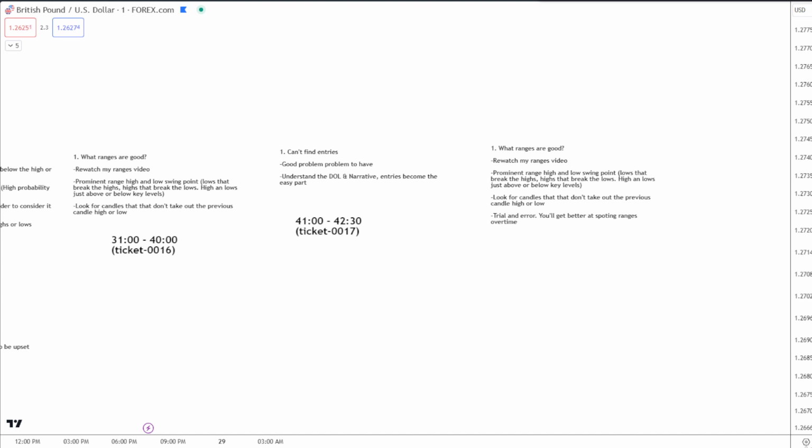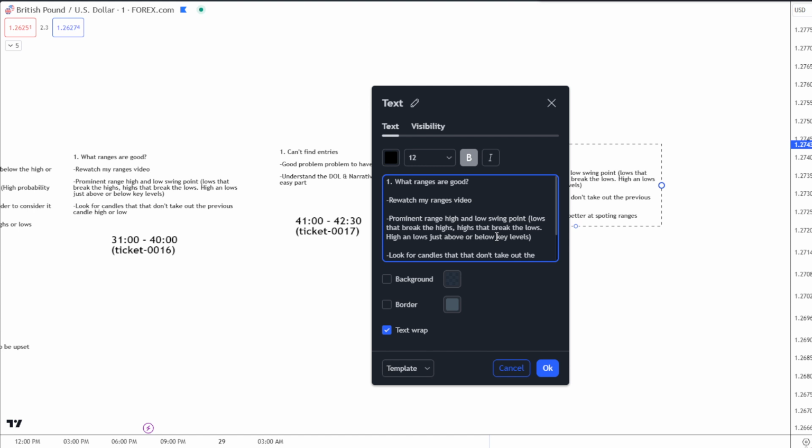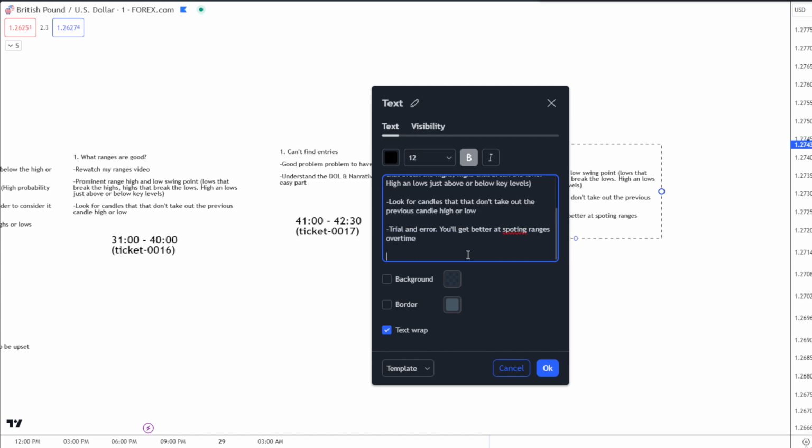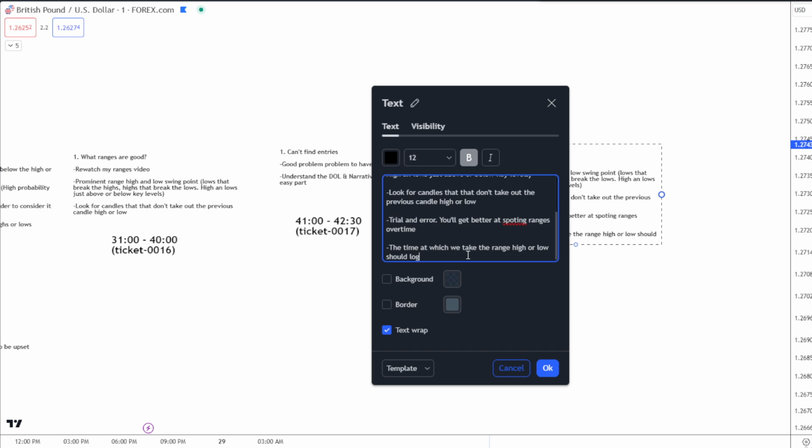But yeah, you just want to have prominent or significant highs and lows, not just a random high and low, and then a range inside of it. The time at which we take the range high or low should logically make sense and align, right? So this is time and price aligning.